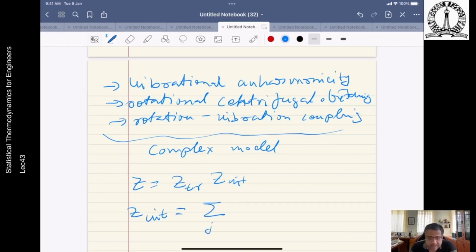The internal part is the sum over j of g_EL,j exponential of minus EL,j by KT, times Z_RV,j. Okay, so this is the electronic part, and that is the rovibrational part.